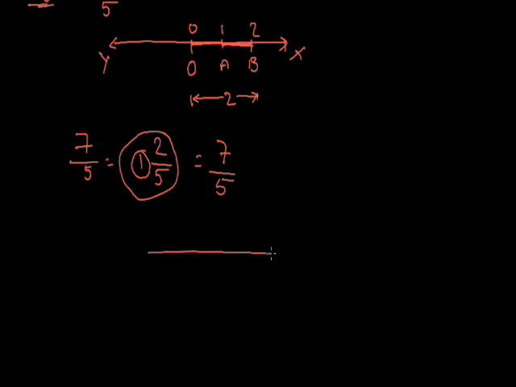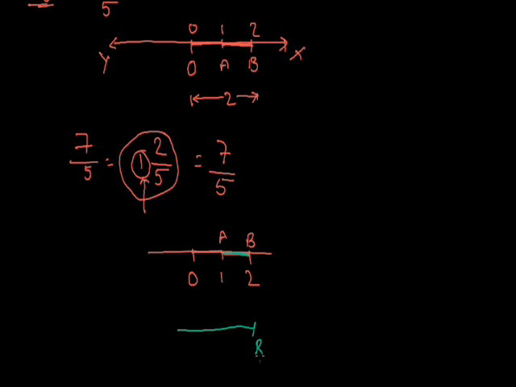So on the number line this is 0, this is 1, this is 2. Our number exists between 1 and 2, because we count 0 to 1, 1 unit completely, and after that 2 by 5 parts. That means the 2 by 5 parts exist on 1 to 2, meaning A to B. So we take that A to B part here.